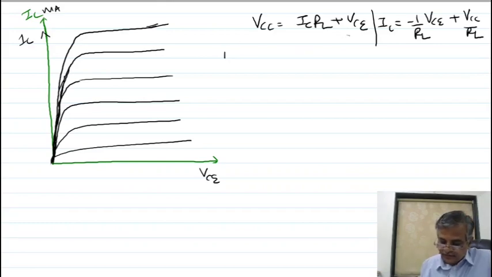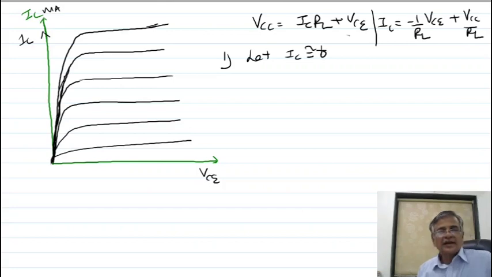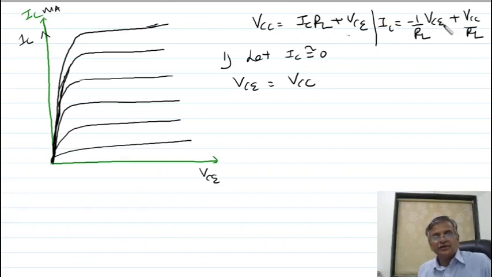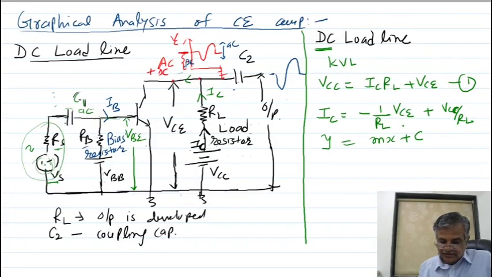First point: let IC be 0. If IC is nearly 0, then VC is equal to VCC. To explain, suppose this VCC is 16 volt and RL is 400 ohm.